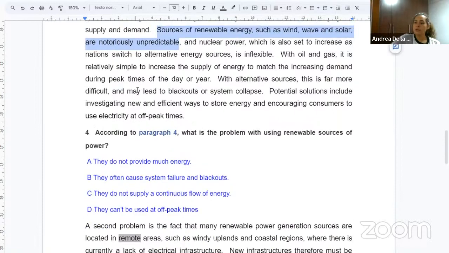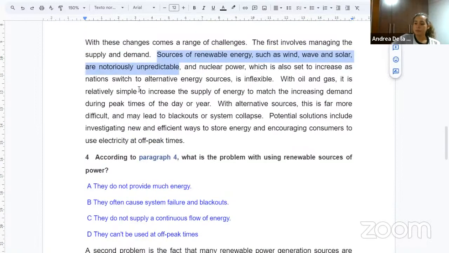So what option is the correct one then? It says unpredictable, right?